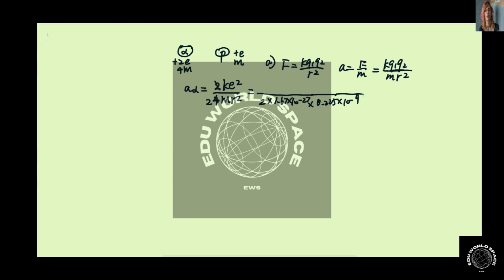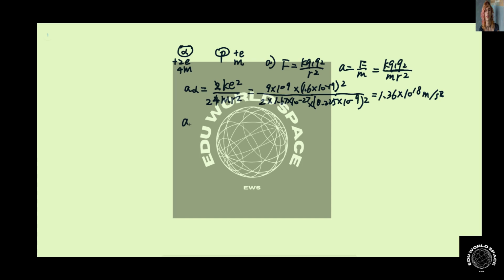The numerator is 9 times 10 to the 9 newton meter squared per coulomb squared, times 1.6 times 10 to the negative 19 coulomb, squared. The acceleration is 1.36 times 10 to the 18 meters per second squared.